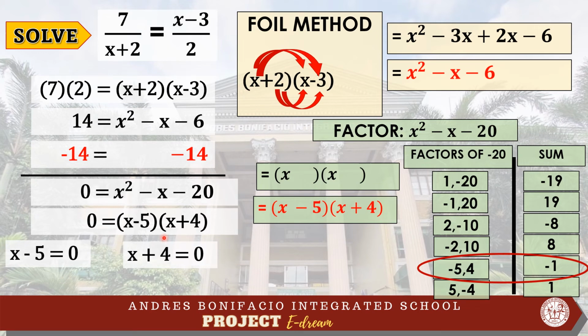To find the value of x, we will transpose negative 5 to the other side of the equation. It becomes x is equal to 5. X plus 4 is equal to 0, transposing positive 4 to the other side of the equation, it becomes x is equal to negative 4. So we can say that the two numbers that satisfy our number problem are 5 and negative 4.